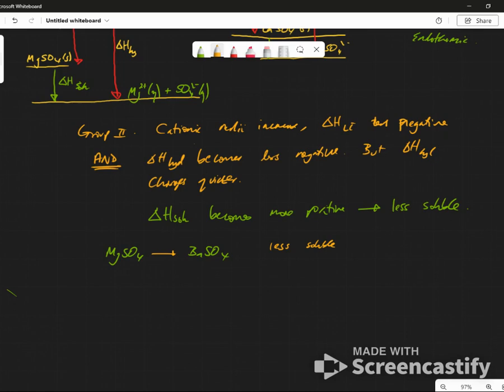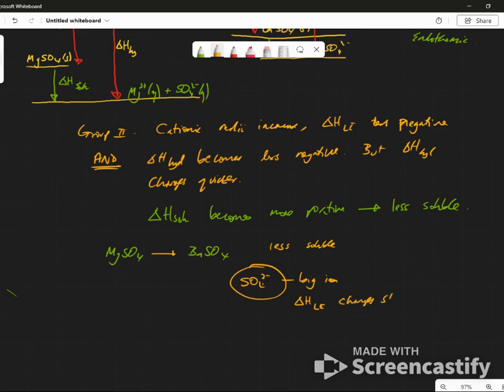Now, why does one decrease faster than the other? Well, believe it or not, because the sulfate ion is a big ion, lattice energy changes slowly. So it does decrease, but lattice energy changes slowly.